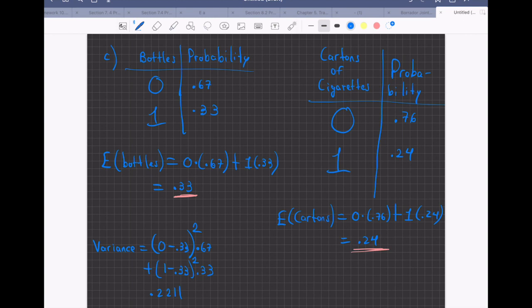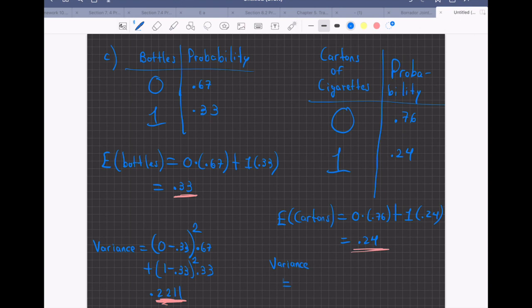Yeah, it is correct. So this is the answer for the variance. You can do the same for the cartons of cigarettes.